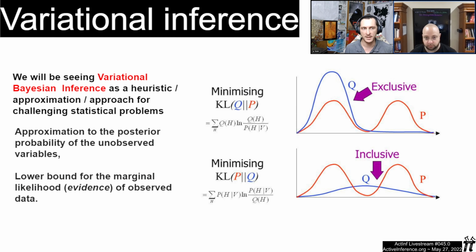Even if P is challenging, a different distribution, for example one with a shape more like a parabola, more like a bowl, can be fit with Q.